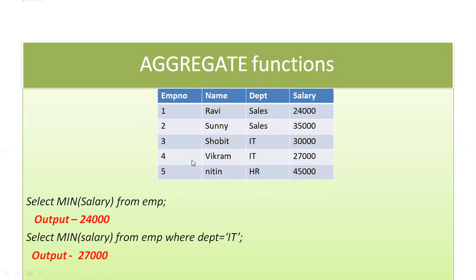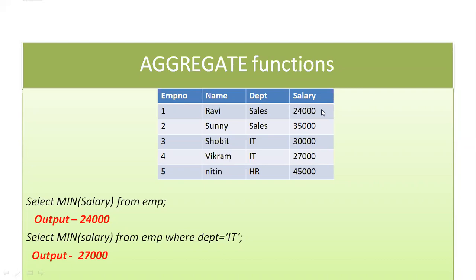So here is another function, min. What is min? It is the minimum, the smallest value from a table. So SELECT MIN salary, the salary column, from EMP. Which is the smallest value in this? This is the smallest value.